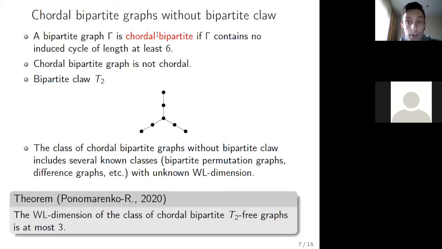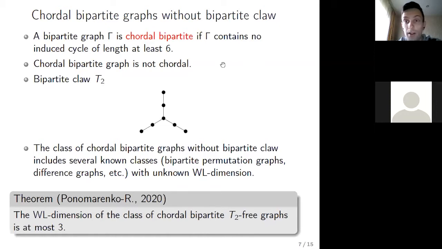The first observation is that a Hordle bipartite graph is not Hordle, because a Hordle graph does not contain a cycle of length 4, but a Hordle bipartite graph can contain a cycle of length 4. The bipartite claw, which is usually denoted by T2, is depicted on the slide. And we consider the class of Hordle bipartite graphs without bipartite claw.